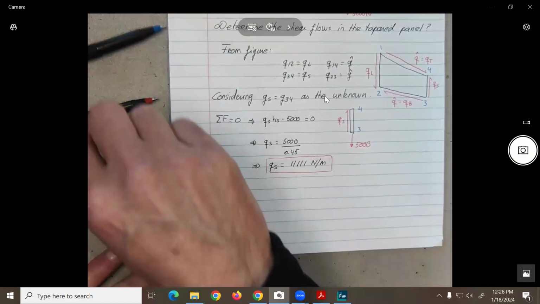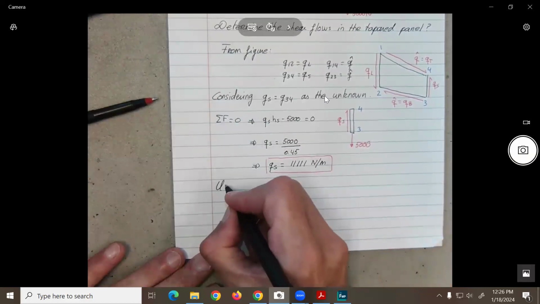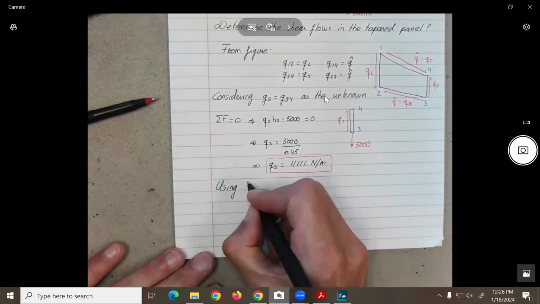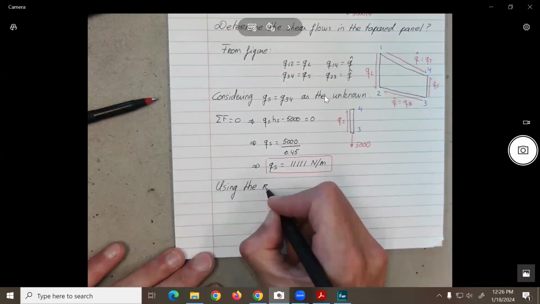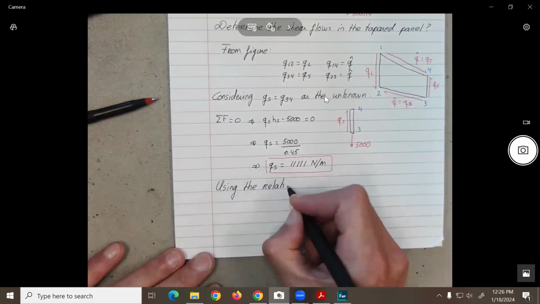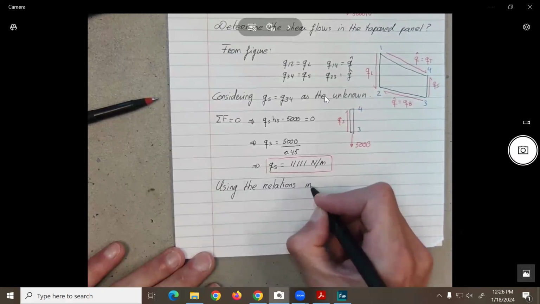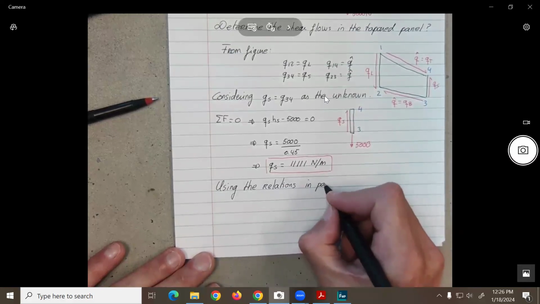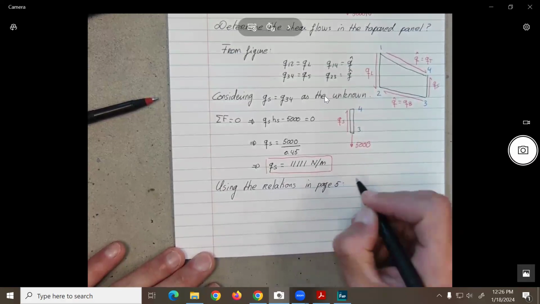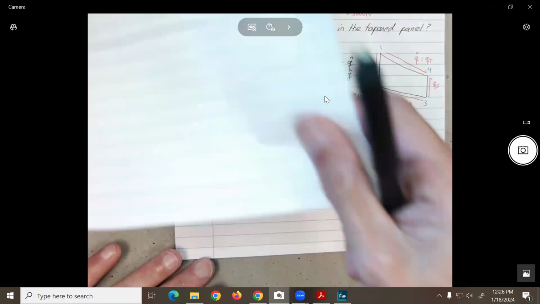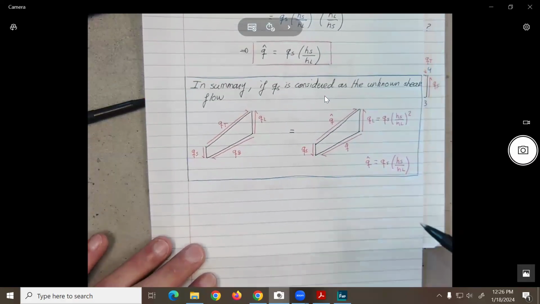Okay, so finally we can say, using the relations in page 5, which relation am I talking about? I'm talking about these ones over here.